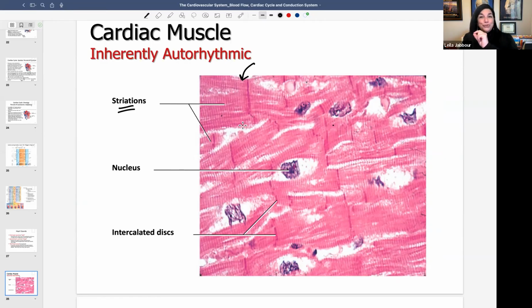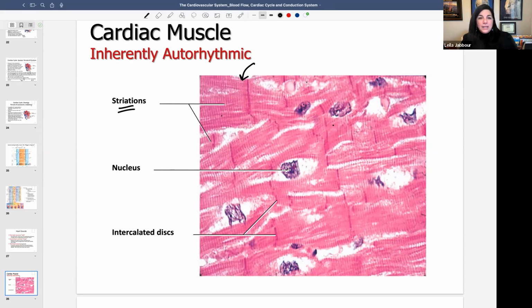That doesn't mean there are no contractile proteins in smooth muscle cells because they contract, don't they? Except that the contractile proteins in smooth muscle cells are not as organized, so they don't end up in a specific beautiful pattern that you can catch with your eyes under the microscope. So you don't see striations, but the contractile proteins are there in smooth muscle cells, because they have to contract.